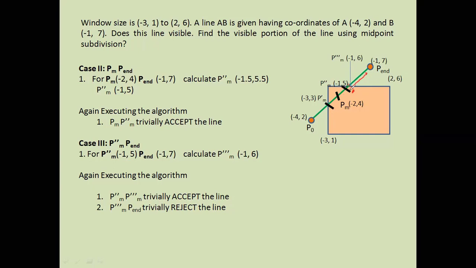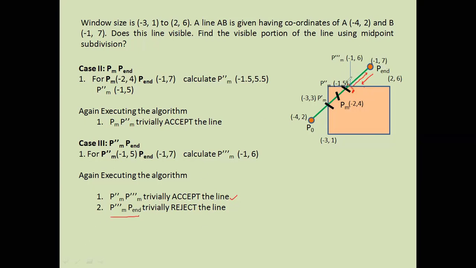Now again you will execute the algorithm on these two subparts. When you apply the algorithm on this part, that is PM double dash and PM triple dash, this part will be trivially accepted, because when you perform the OR operation between the two outputs, you will find that the line is lying on the boundary, because -1 lies on the boundary of this edge of the window. Then again execute the algorithm on PM triple dash to P end.